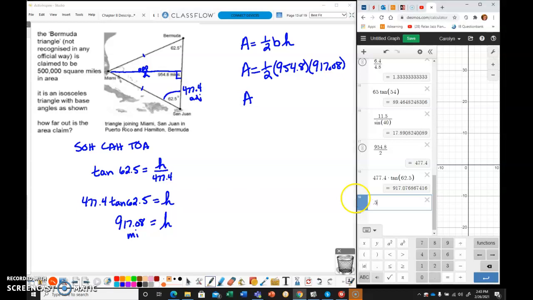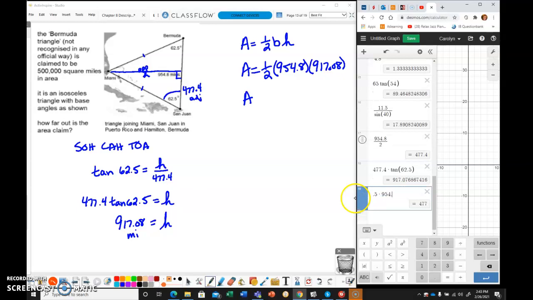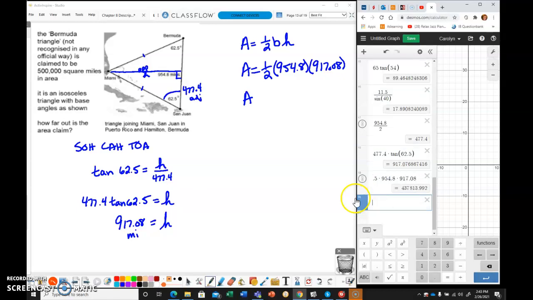I'm going to do 0.5 as my 1/2 times 954.8 times 917.08. And I get that the area is actually 437,830. Well, let's round it to 14 square miles.